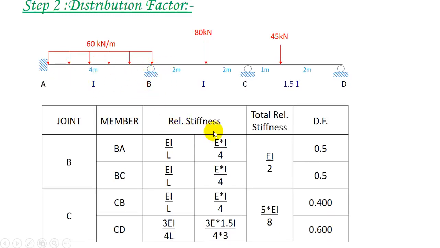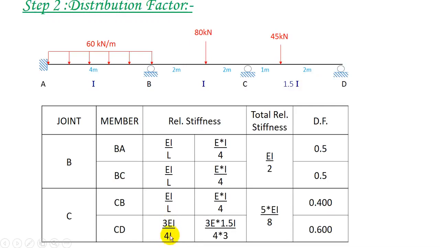But if my far off end is hinged, as in the case of CD, where D is my far off end and D is hinged, or a roller, basically it has to be pin jointed, then the relative stiffness is 3 by 4 EI by L.